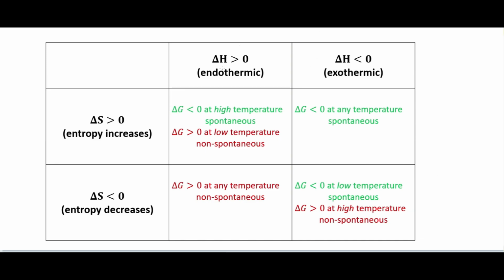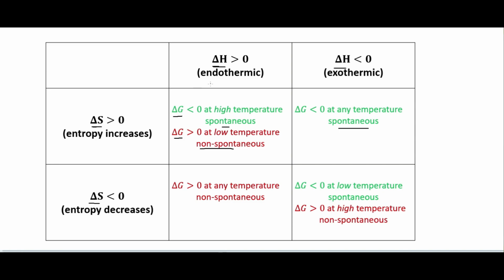So comparing positive delta H to negative delta H with positive delta S to negative delta S, where at high temperature, if we have a positive delta H and positive delta S, we will have a negative delta G, and therefore it's spontaneous. At low temperature, we have a positive delta G, and therefore it's non-spontaneous. If we have a positive delta S and a negative delta H, then this will be spontaneous at any temperature.